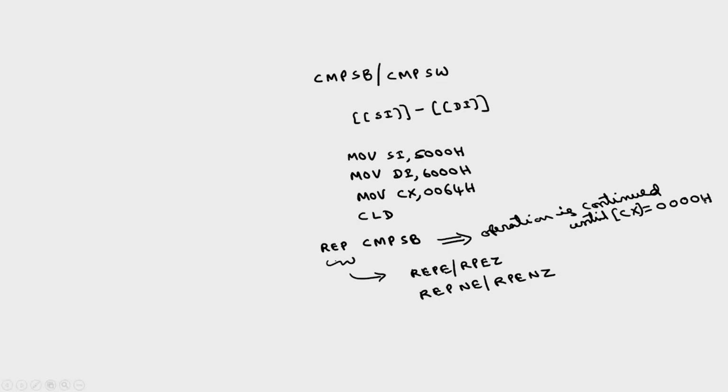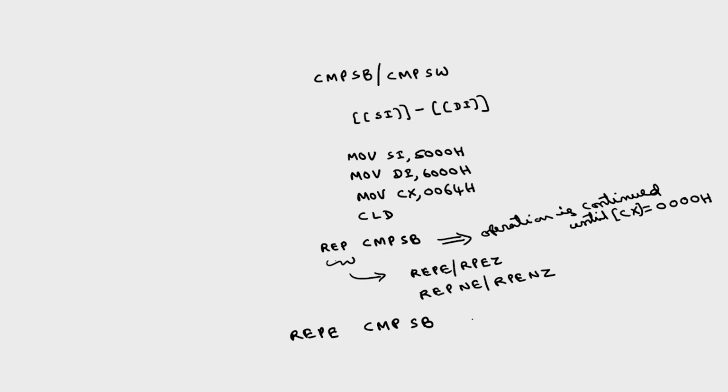Instead of repeat, if I write compare string byte, repeat equal, then under two conditions this operation will be repeated. One condition is until CX is equal to 0, which is implied.